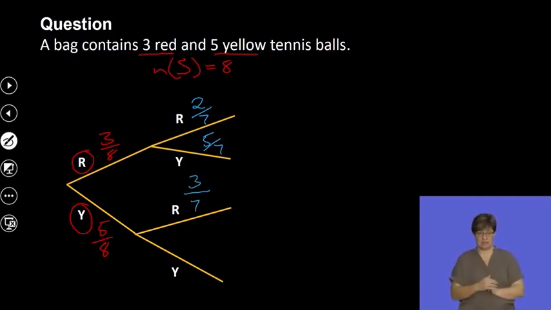So if I'm going to choose a red ball, in this case, there's going to be a probability of 3 out of 7 of getting that red ball. But what about if I've chosen a yellow ball and I choose a yellow ball the second time as well? Well, then there were only 4 yellow balls left, and there were 7 in total in the sample space.